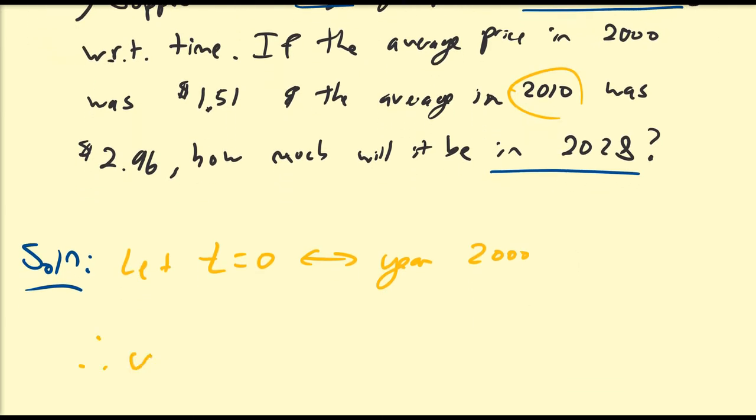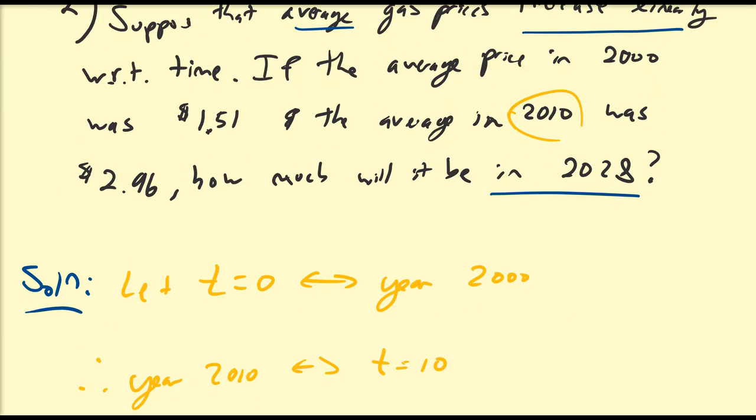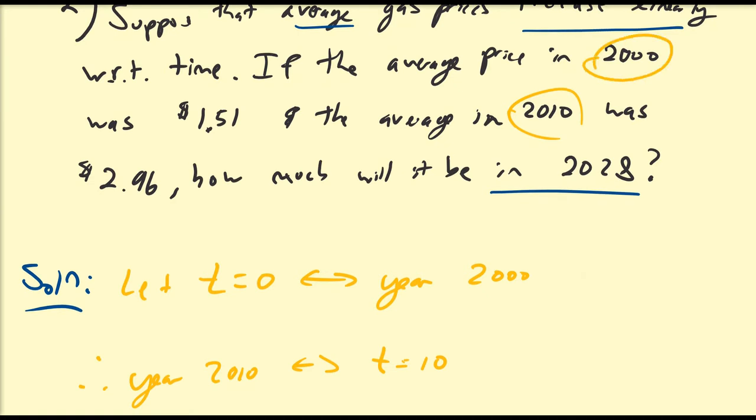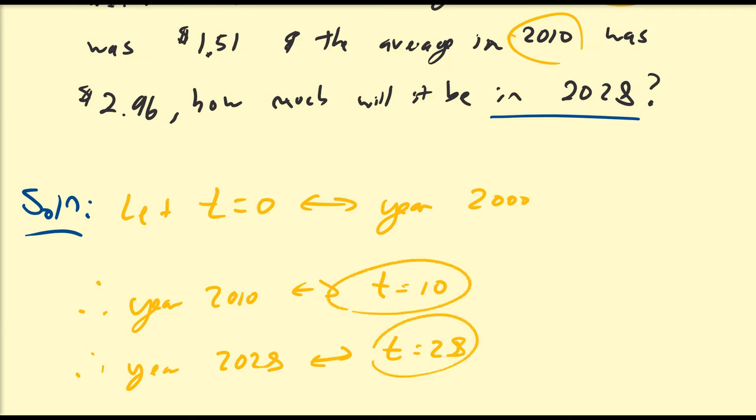So that means the year 2010 corresponds to t is equal to 10, and the year 2000, of course, corresponds to t is equal to 0, and the year 2028 is going to correspond to t is equal to 28. So those are relatively small numbers to work with, which is good.